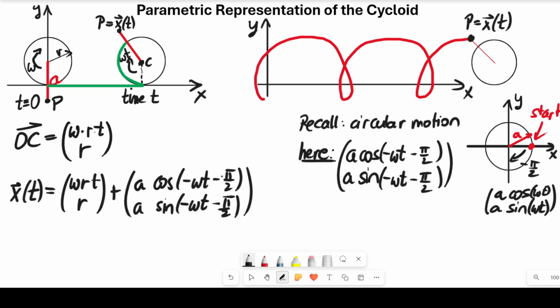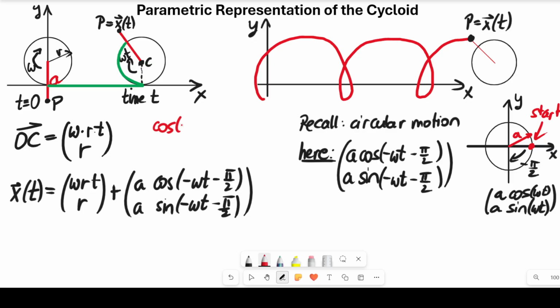So fine. The only step that remains is to simplify this a little bit, and therefore we have to repeat some basic properties of oscillations.